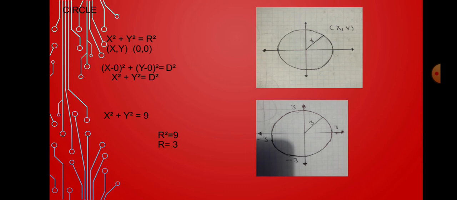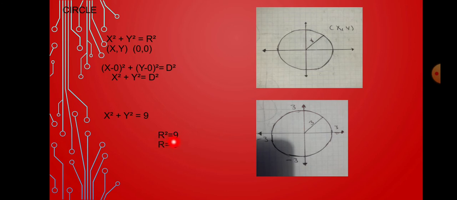Any other point is a distance measured from the origin that measures 3. The 9 is the radius squared.